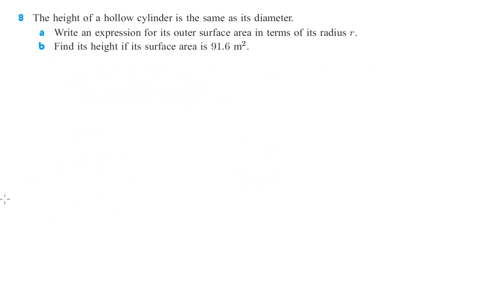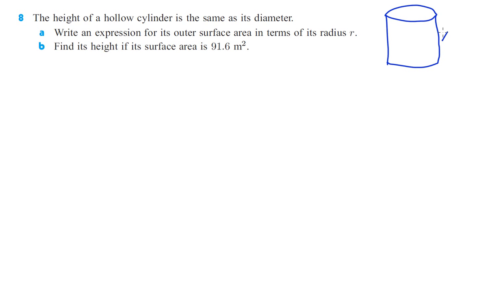All right, moving on. Number 8, height of a hollow cylinder is the same as its diameter. Write an expression for its outer surface area in terms of its radius r. So if we draw this picture here, it's basically saying that its height is the same as its diameter.